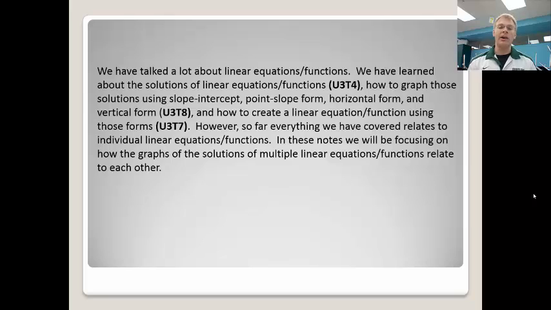In Target 8, we talked about how to graph those solutions if we're given an equation in one of our four forms: slope-intercept, point-slope, vertical, or horizontal form. And in Target 7, we talked about how to write those equations in those forms if we are given information about the solutions. Right?